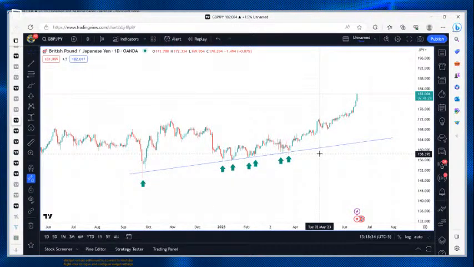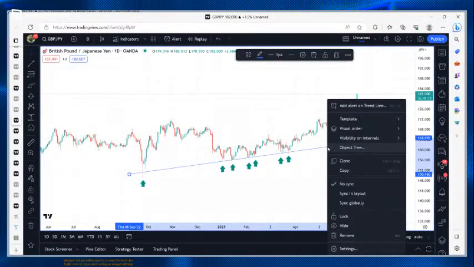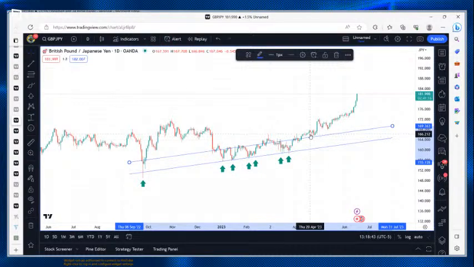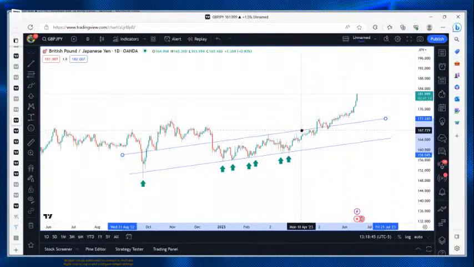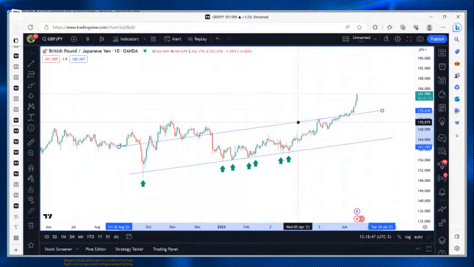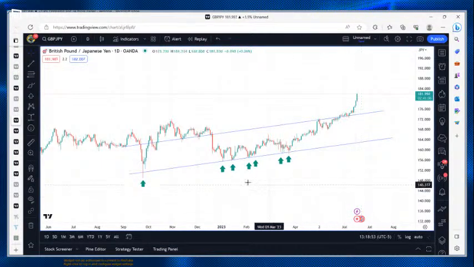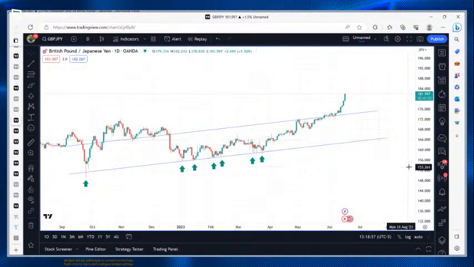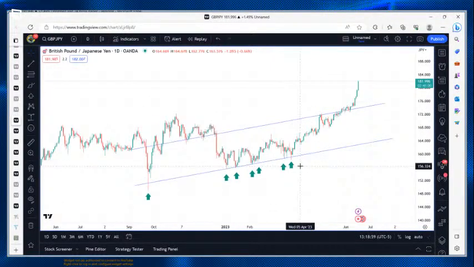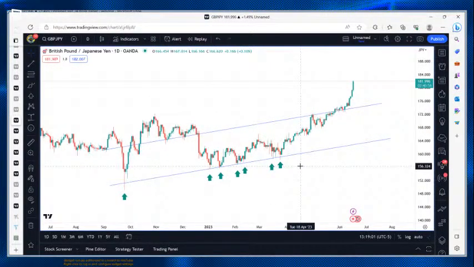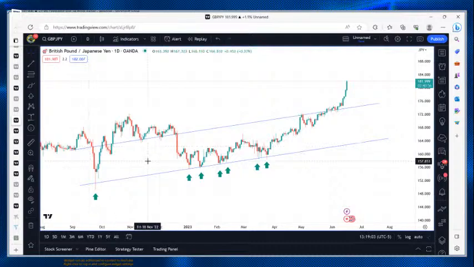Now we come back and take this angle and clone it, to see if there is any type of symmetrical movement in the market right there where we got resistance. As you can see, we had a level of resistance.